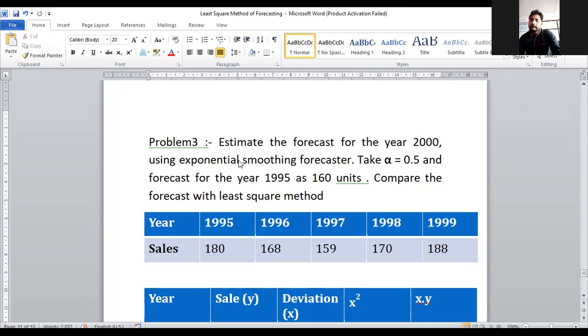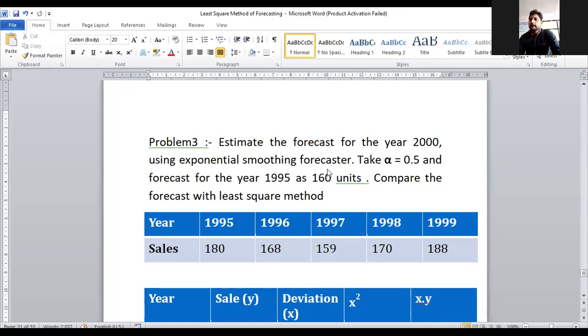We are fitting the best fit line for the given data, and on that basis, using the proper deviations, we can determine the forecasted demand for the required period or required year.